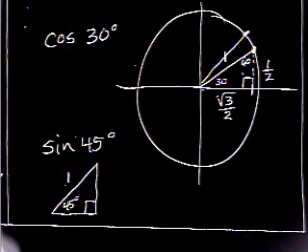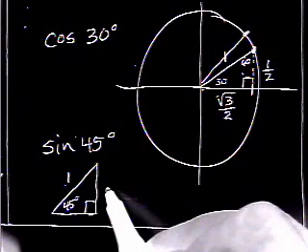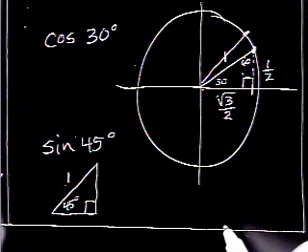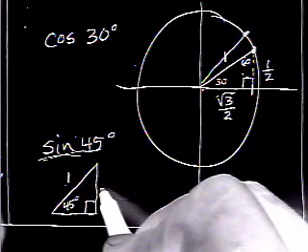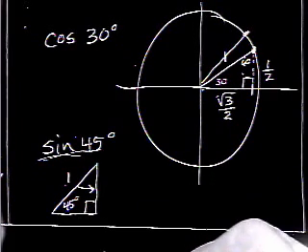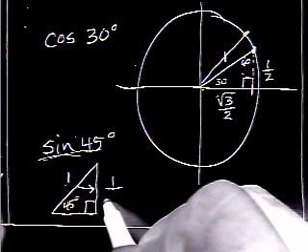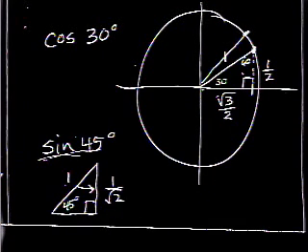Now, remember, how do you go from the hypotenuse back to either one of the legs? Because I'm looking for sine, I'm looking for the y value. So that would be this side right here. Don't you take that and divide by the square root of 2 instead of multiplying?